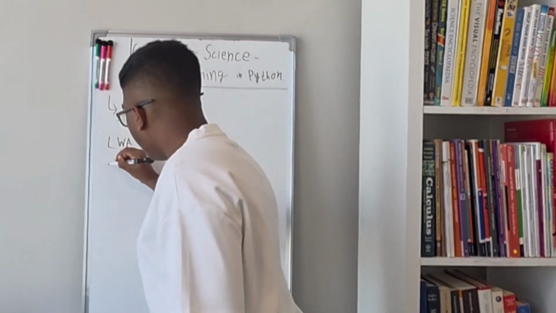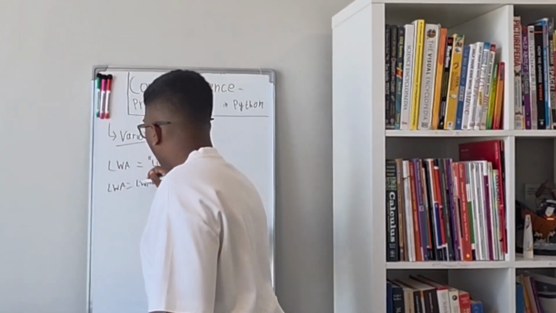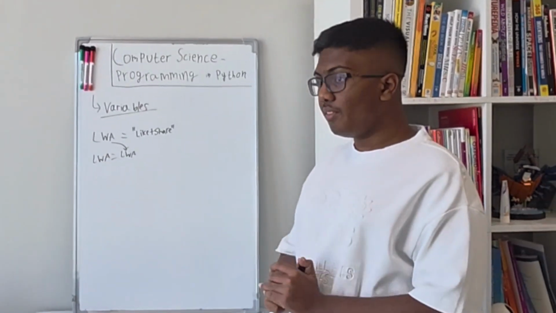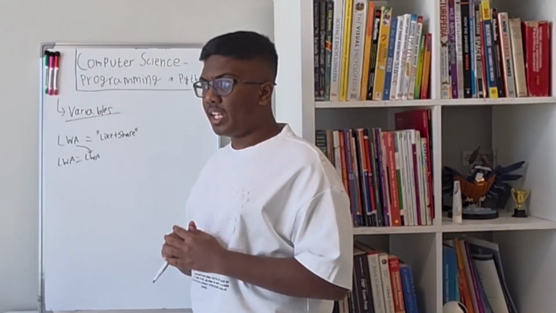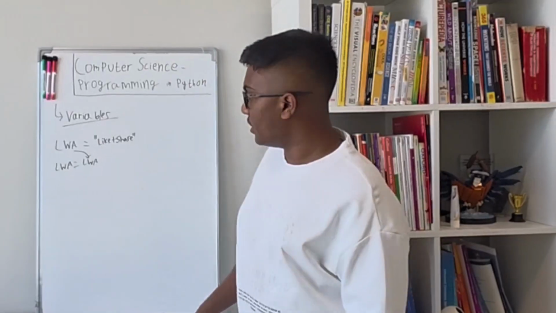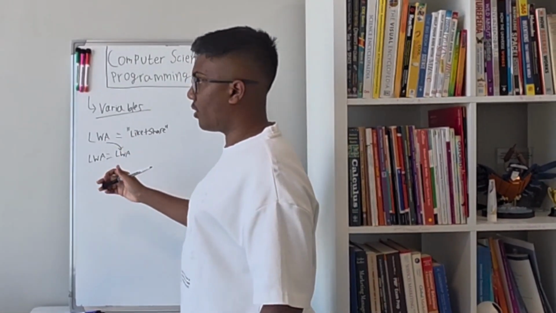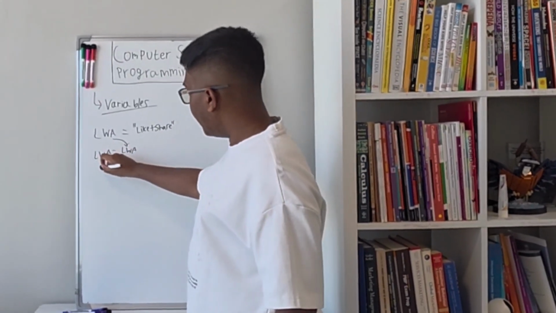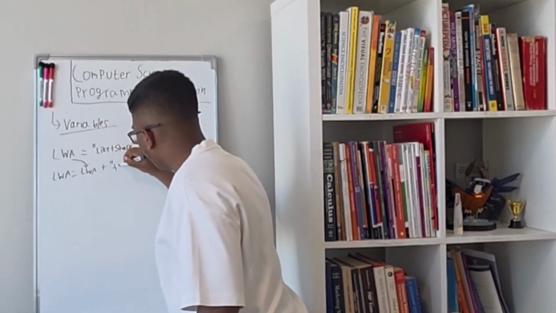Now, then we can write LWA is equal to LWA, or the previous iteration of LWA, plus an edit made to the previous iteration of that variable, meaning that the new variable is formed. So the next iteration of LWA is equal to the previous iteration of LWA, and then let's say plus something else, like plus sub.